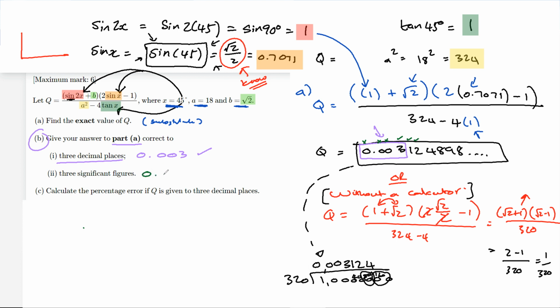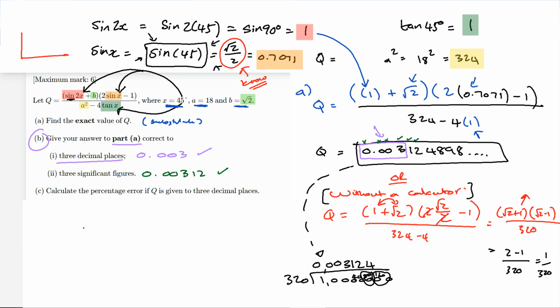So this is going to be 0.00312 for 3 significant figures. Yeah, so when you have a decimal, the zeros before the number are not significant.